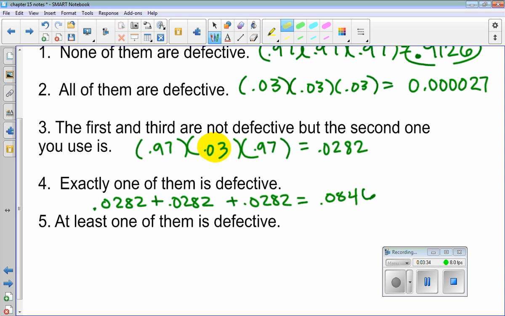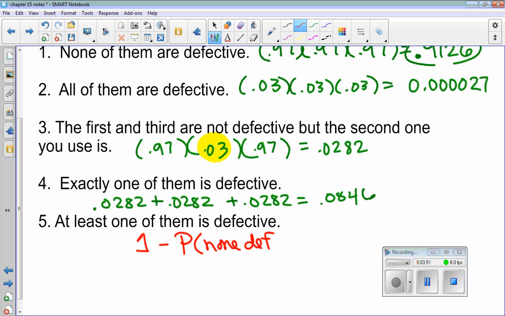Is that better? Okay. Now, how did we answer number 5? At least one is defective. 1 minus the probability that none are defective, right? So none defective.